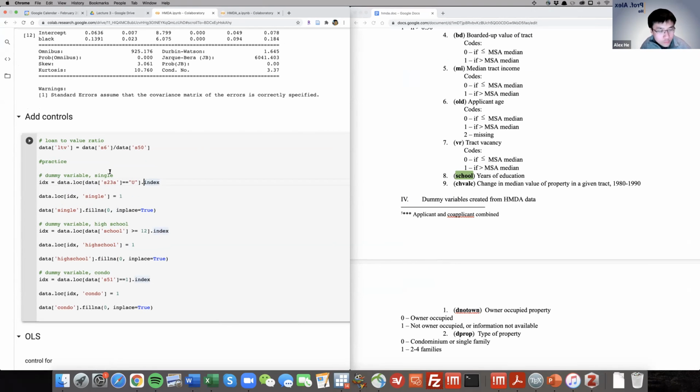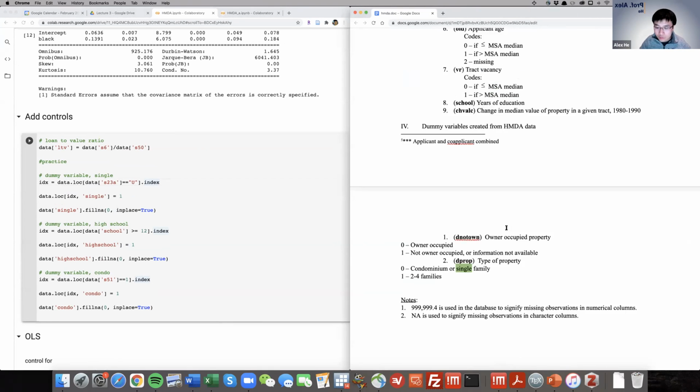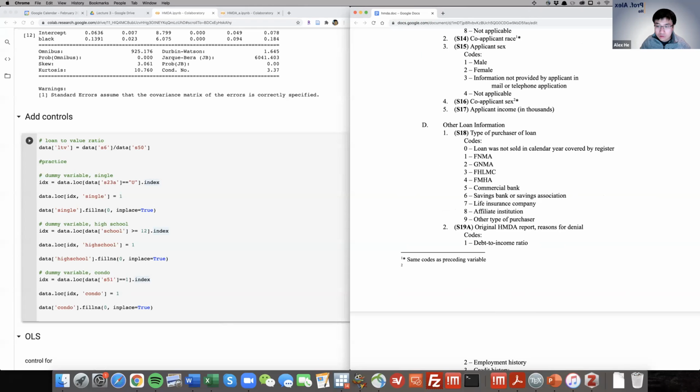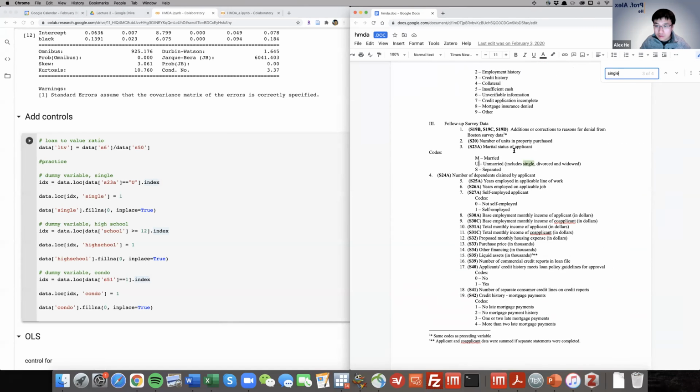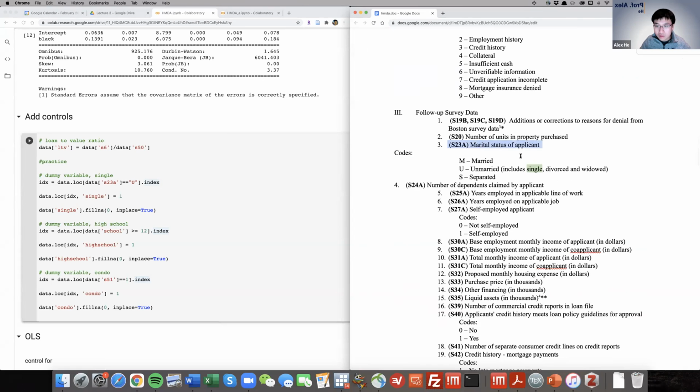So the first variable we create is whether it's single. We look for that variable, S23A here, and if the value of that variable equals U, then for those observations, the value equals 1, and otherwise equals 0.